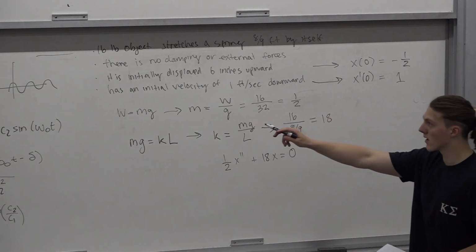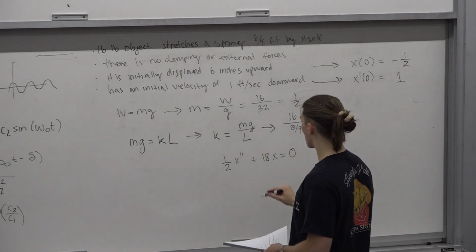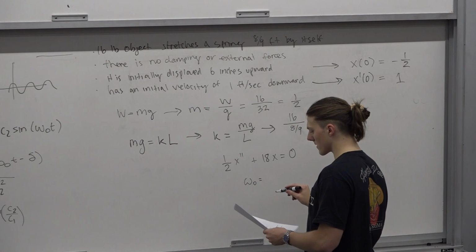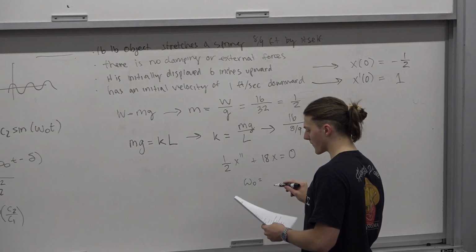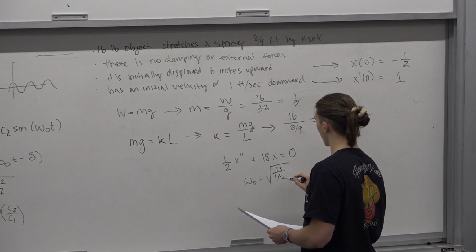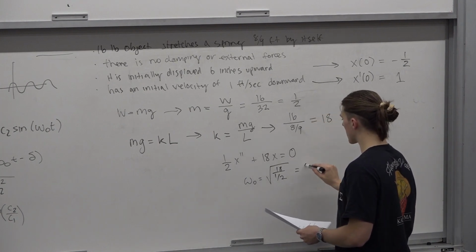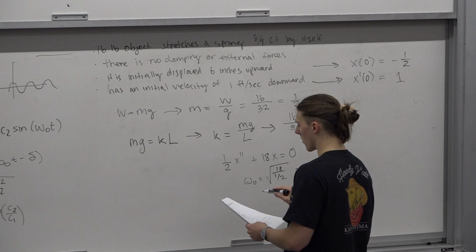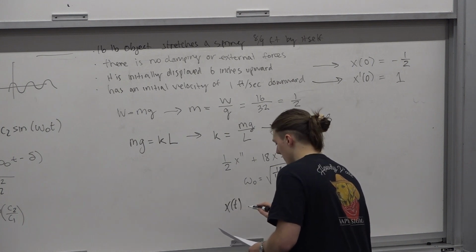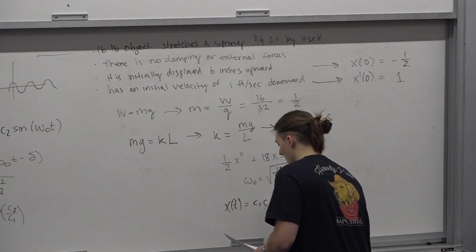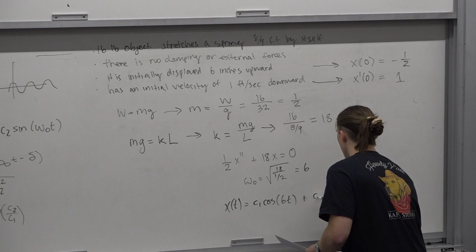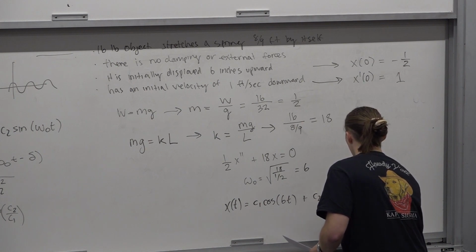Again, using the equation for omega naught, we get something like this, and this equals 6. So we know our equation is C1 cosine of 6t plus C2 sine of 6t.